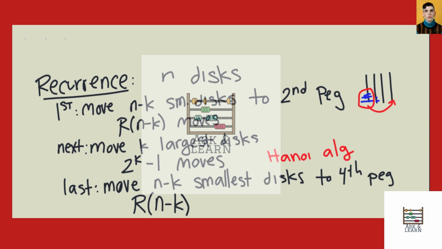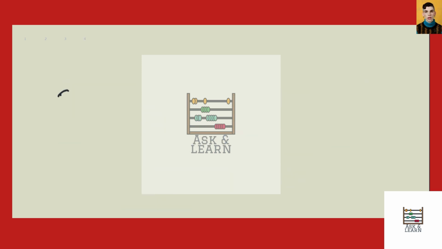Okay, so then we just have to sum up these number of moves, right? And so when we do that, we're going to get that R of n is equal to R of n minus k. So that was moving the n minus k smallest disks to the second peg, plus the moves it took to move all the disks from the first peg to the fourth peg.